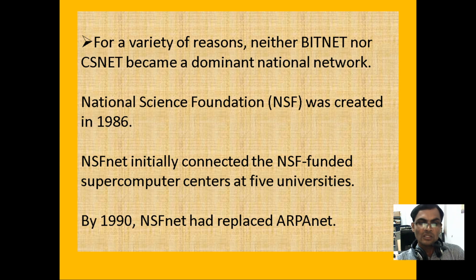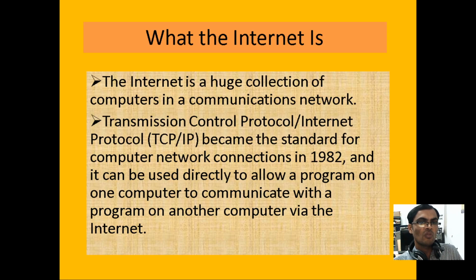In 1992, the National Science Foundation Network connected more than 1 million computers around the world. In 1995, a small part of the National Science Foundation Network was retained as a research network. The rest became known as the Internet. What is the Internet? The Internet is a worldwide collection of computers in a communication network.